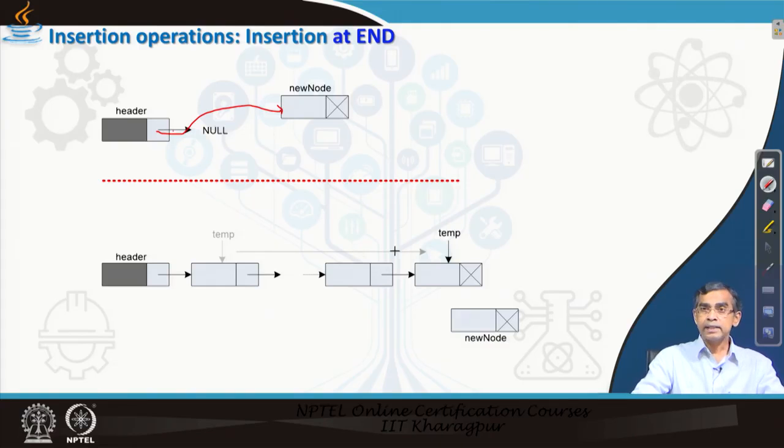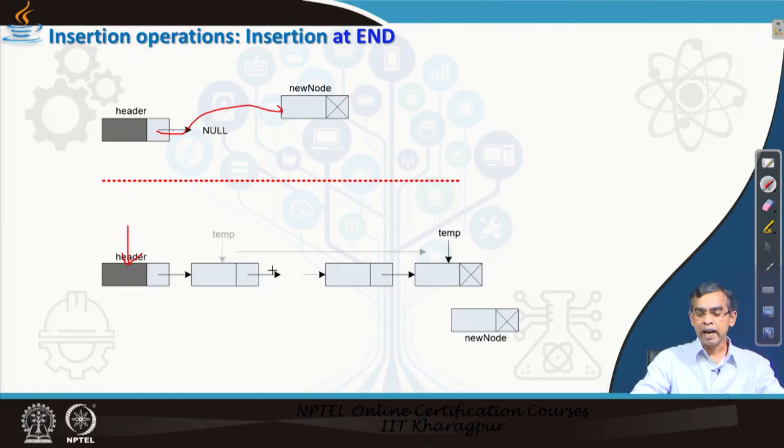Or if the list contains at least one element in it, you should start with the header, because this is the only pivot from here you have to start. So, header, and then you have to traverse the entire list, go to the last node. What is the last node? The last node is that node for which the next field is empty.